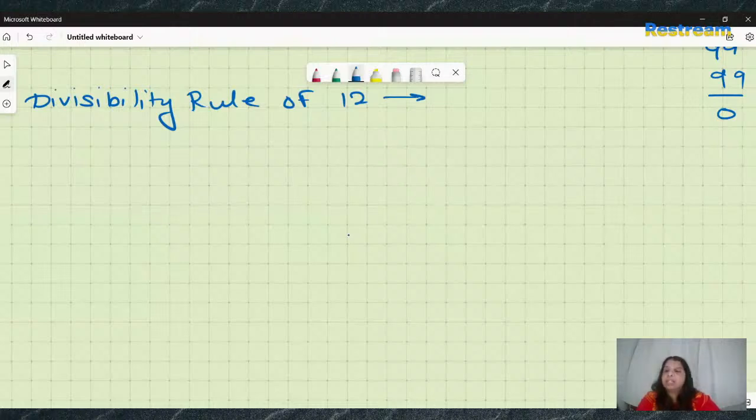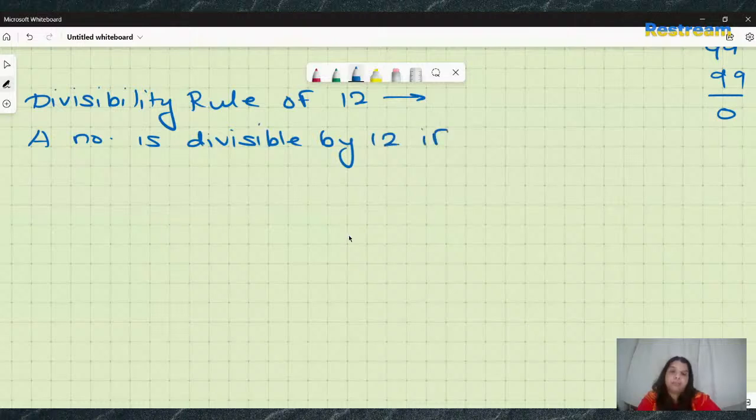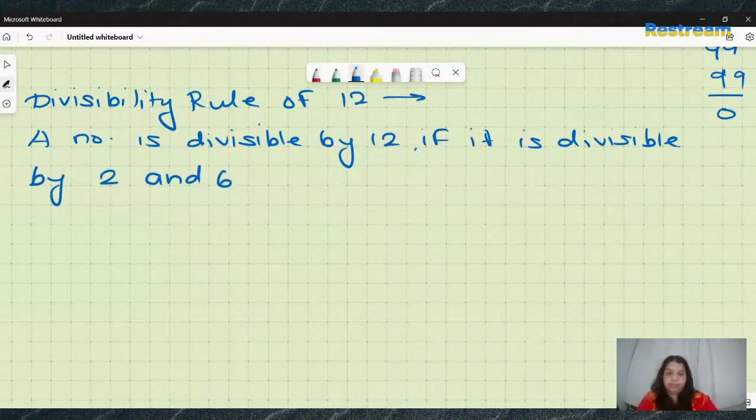The rule states that a number is divisible by 12 if it is divisible by 2 and 6.